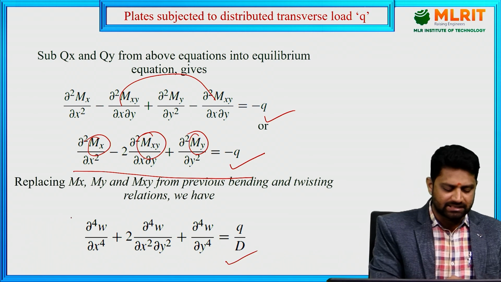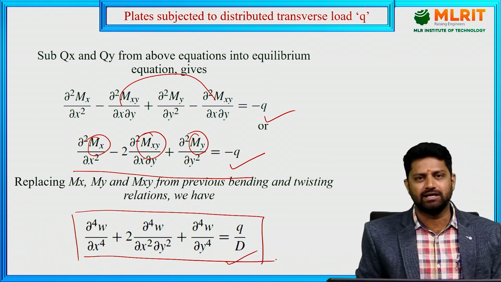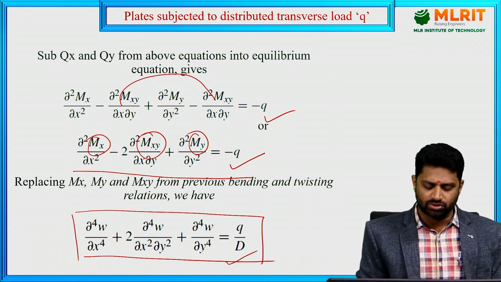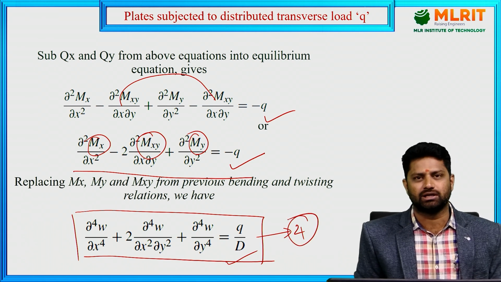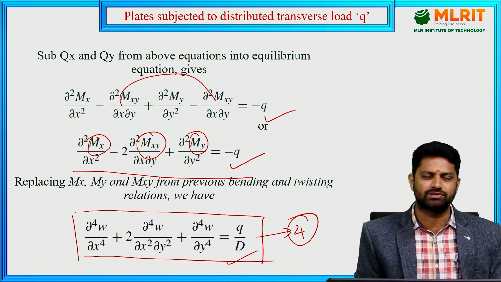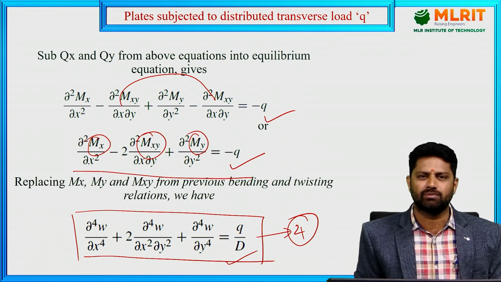So this is the general partial differential equation when the plates are subjected to distributed transverse load Q. This equation we need to remember. Even in most numerical problems, the question will say that the plate is subjected to distributed transverse load, and ask you to find the deflection form of the plate. In that case this equation is very important to remember.